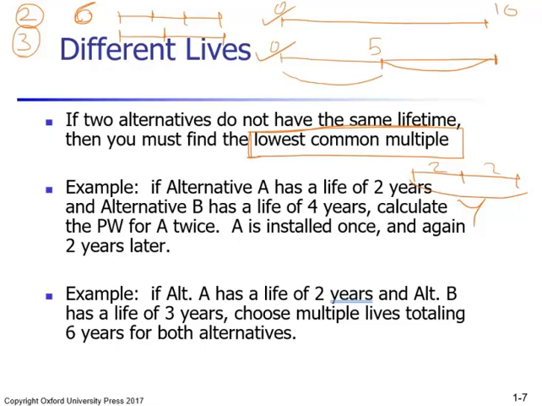A is installed once and again 2 years later. So to make it fair, if alternative A has a life of 2 years and alternative B has a life of 3 years, choose multiple lives totaling 6 years for both alternatives. And the examples can continue.